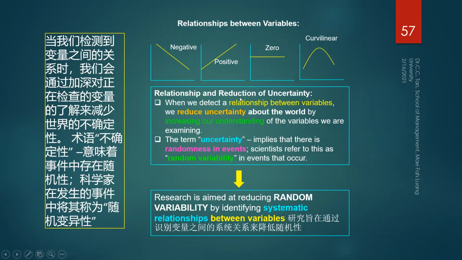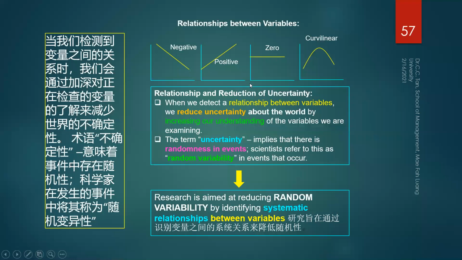So relationship and reduction of uncertainty: your job is to identify the relationship. When you can identify the relationship, that means you are reducing the uncertainties about the world, and therefore you can control the world better. This is very, very important, that we are able to understand what the variables are in your research, in as much detail as you can, and sometimes there are 10 variables.